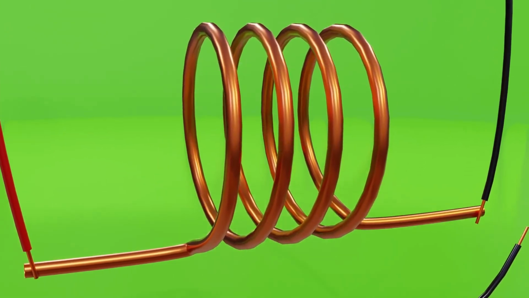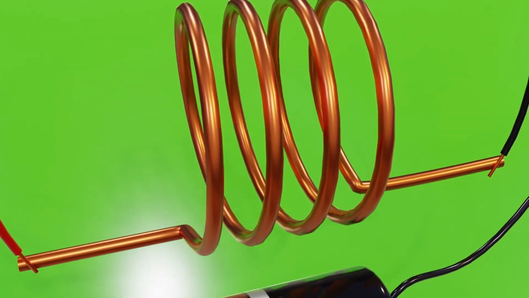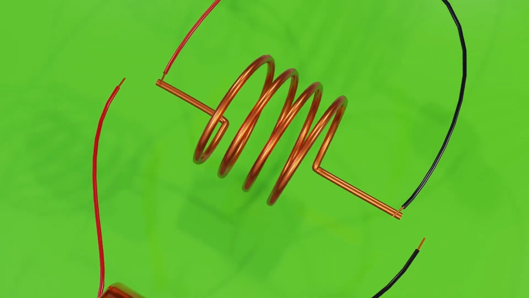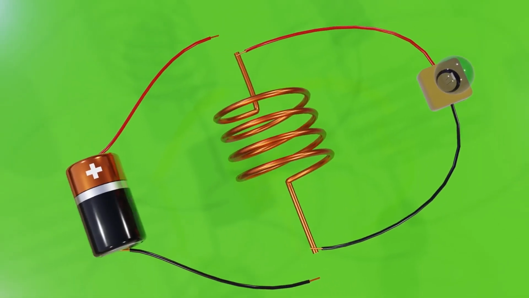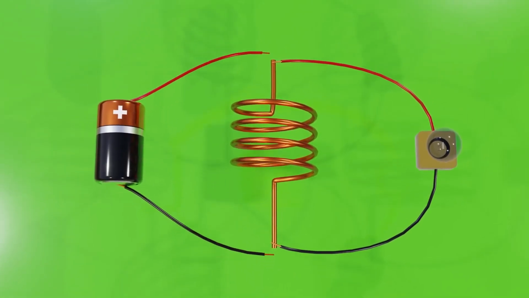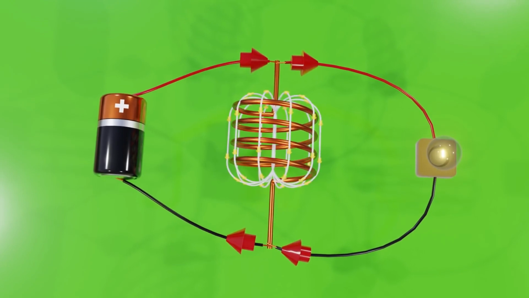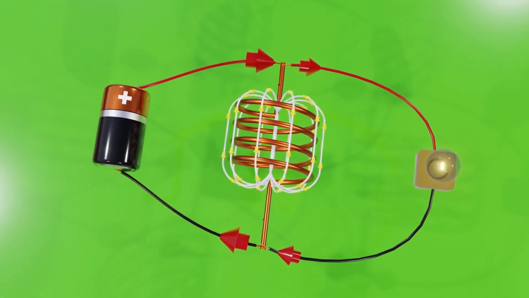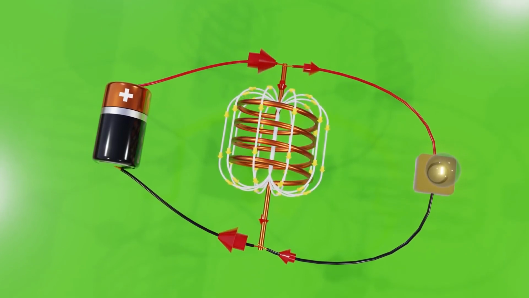Now that we understand how a coil works, let's see what effects it generates in a simple circuit. Pay special attention to the behavior of the lamp in each of the stages. When we close the circuit, the current has two possible paths. However, due to the initial resistance of the inductor, most of this current goes through the easier path, namely through the lamp.